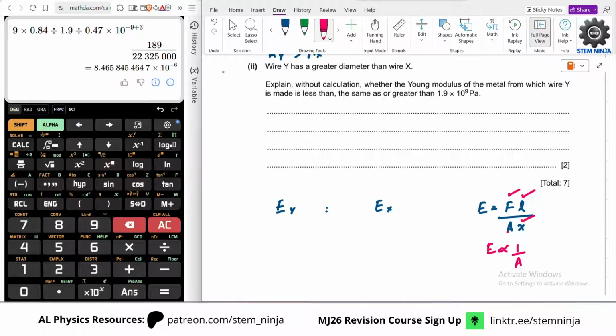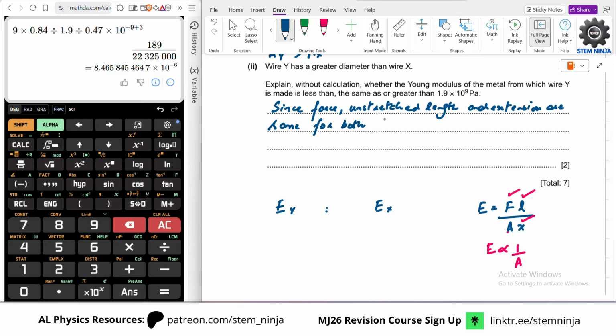So basically we can say that since force, unstretched length, and extension are same for both wires, this means Young modulus is inversely proportional to area A. So if the area of Y is greater, that must mean Young modulus is smaller.